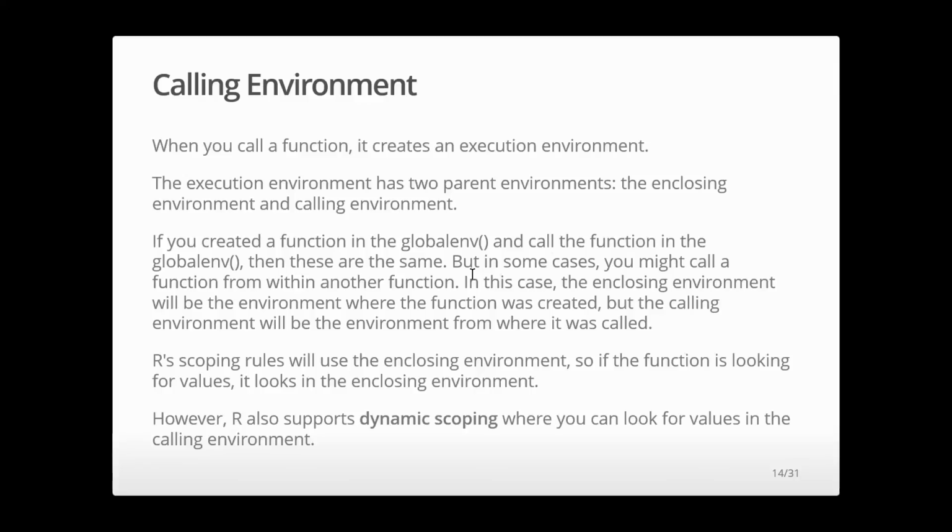There is something called dynamic scoping, however, that says don't do your scoping the normal way. Don't look at your enclosing environment for your scoping, but look at your calling environment. That's called dynamic scoping, and in that case, g will look for a or these other variables starting from the calling environment.